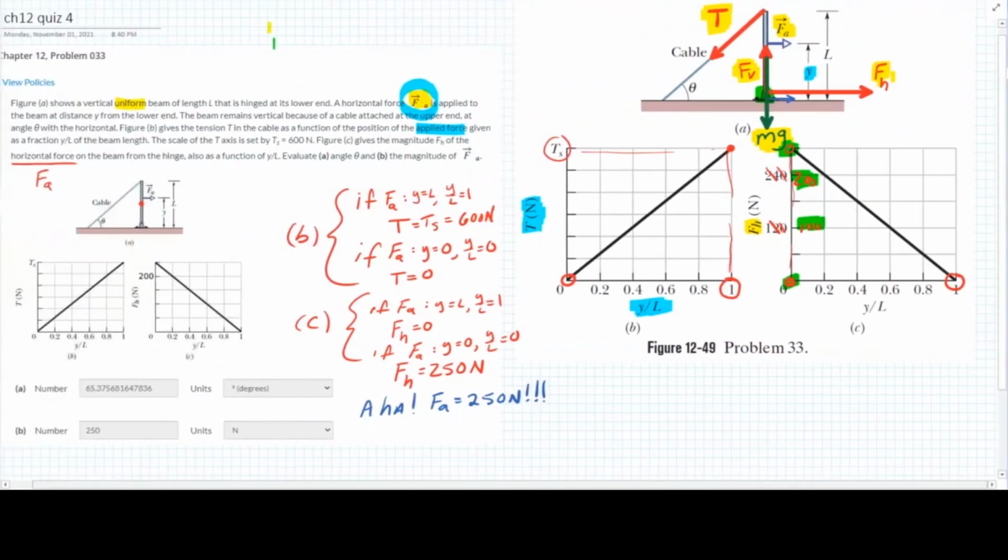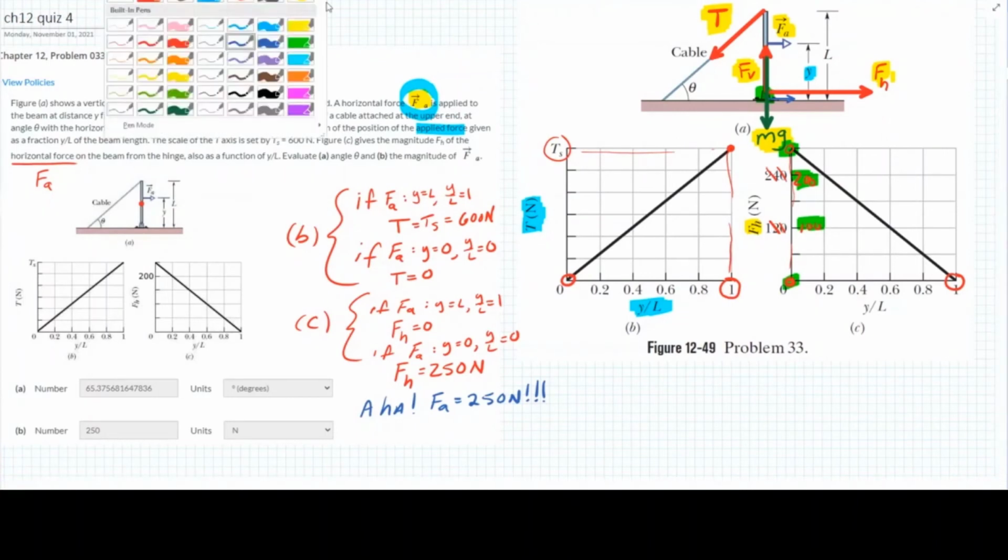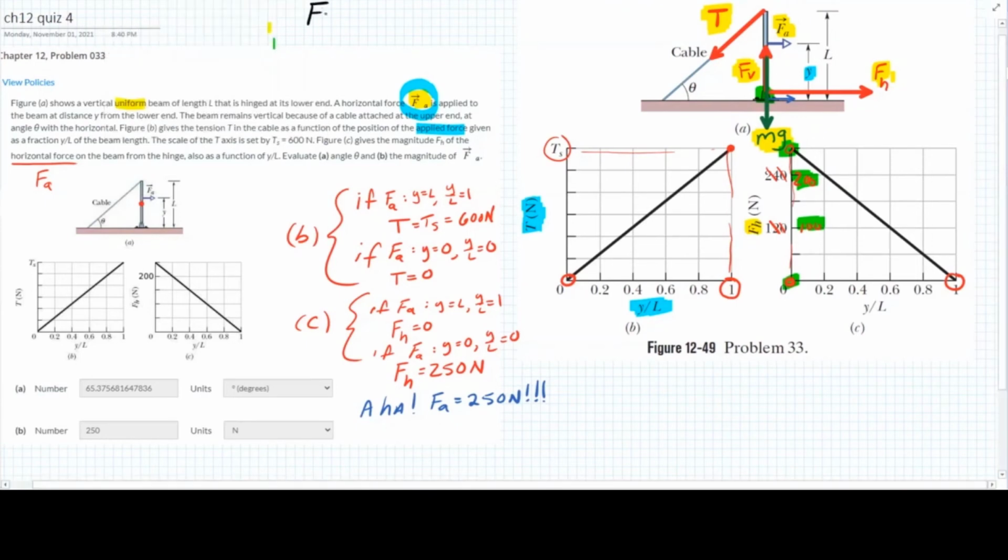Part B says, what is F sub A? And I just found F sub A by doing this, my inner dialogue interpretation of these graphs. Because F sub A is constant, and that's the thing I was not remembering. F sub A is a constant force, but you can apply it at any point along the beam.